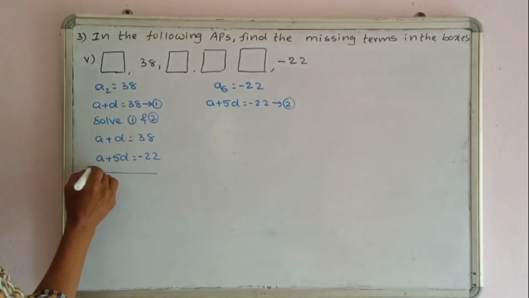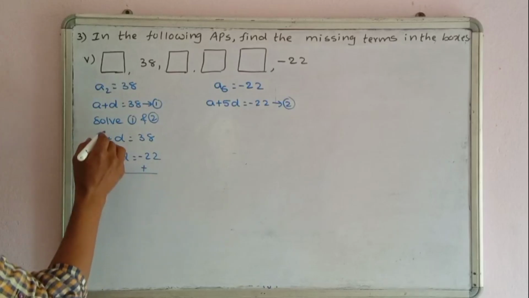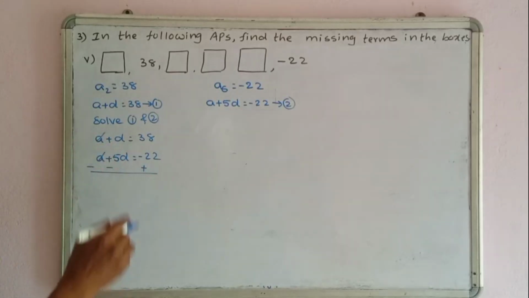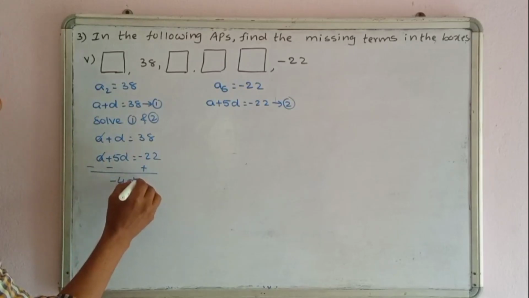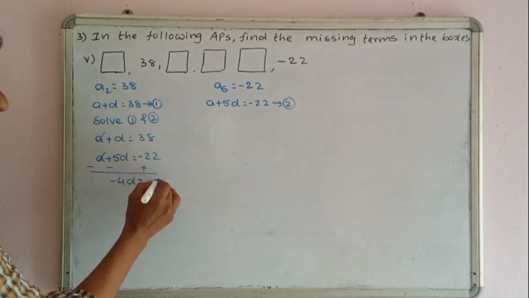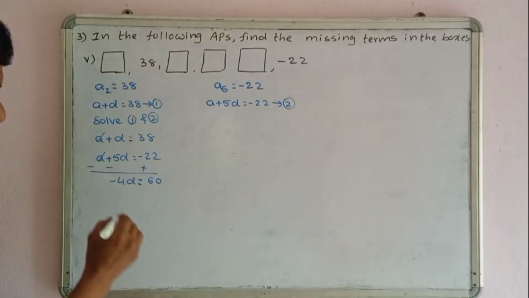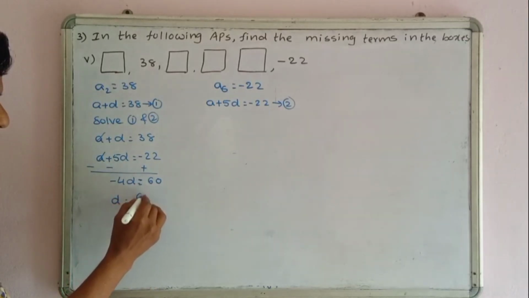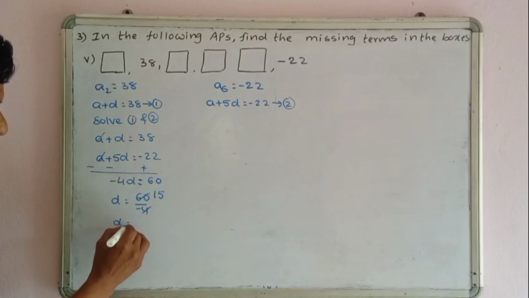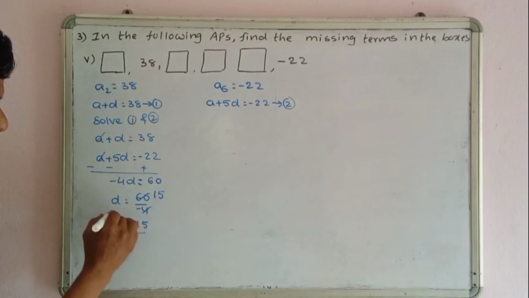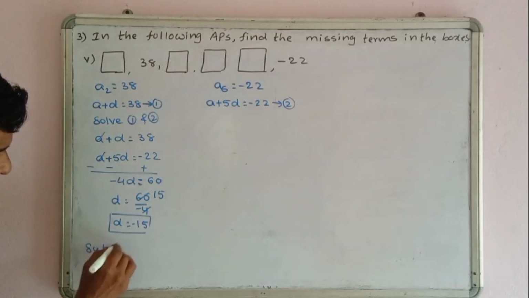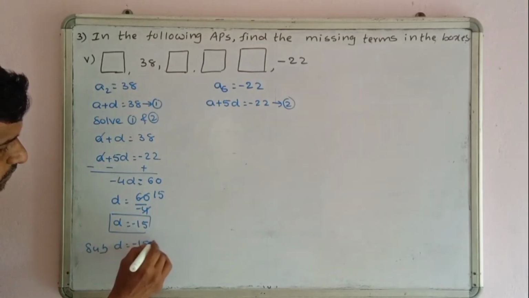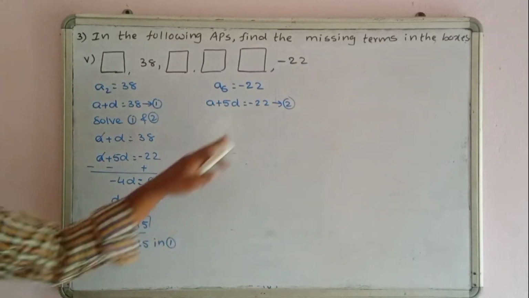Solve 1 and 2, minus plus. So A minus A gets cancelled. D minus 5D is minus 4D equals 38 plus 22, 60. So D equals 60 by minus 4, that is 15 times. So D equals minus 15. Okay. Substitute D equals minus 15 in 1 or 2.